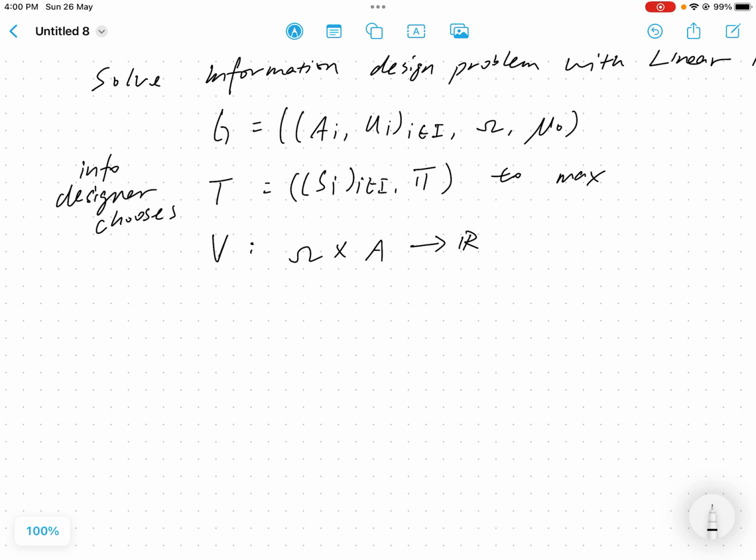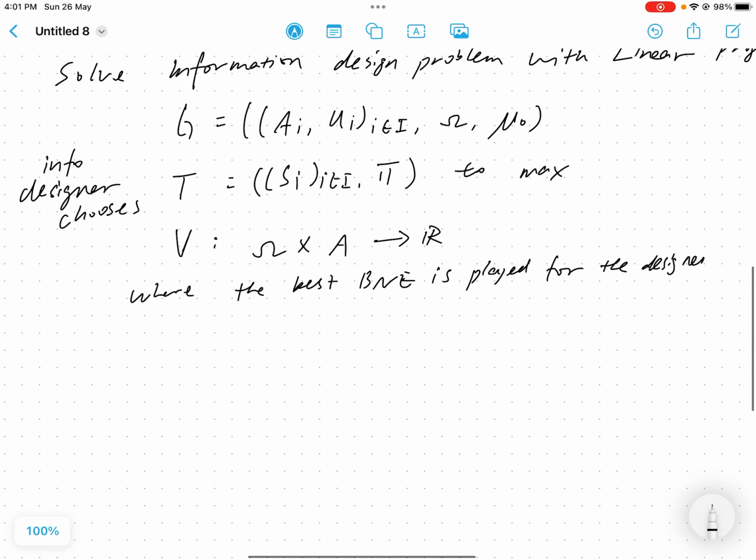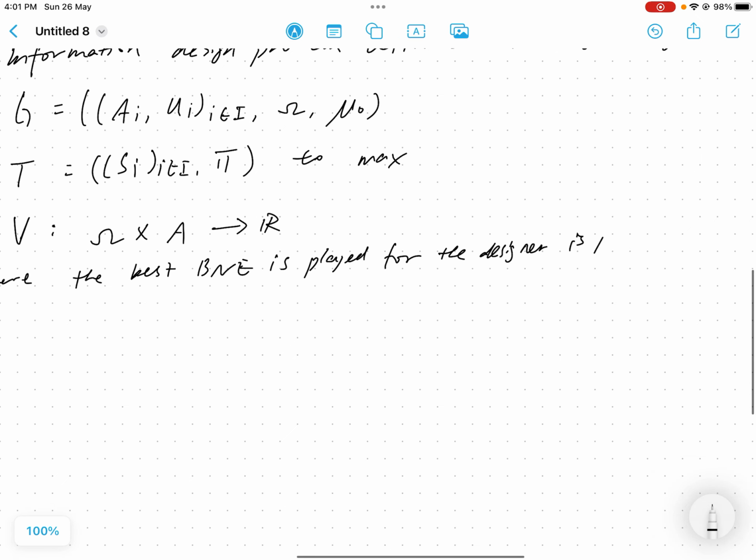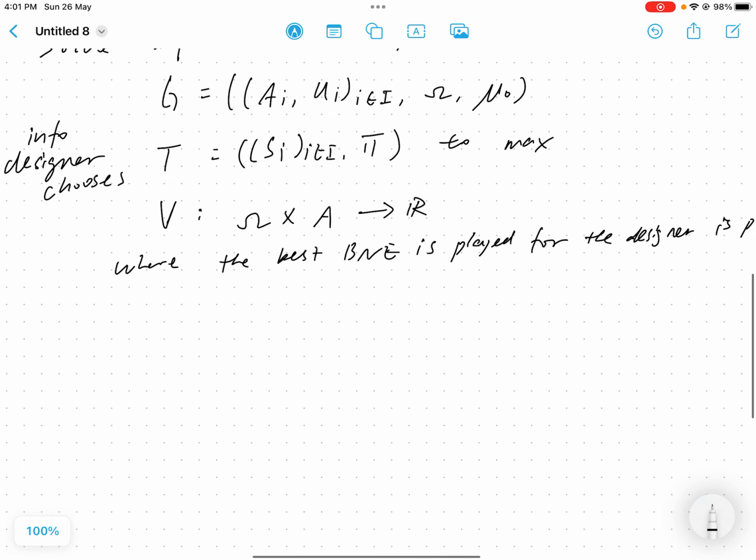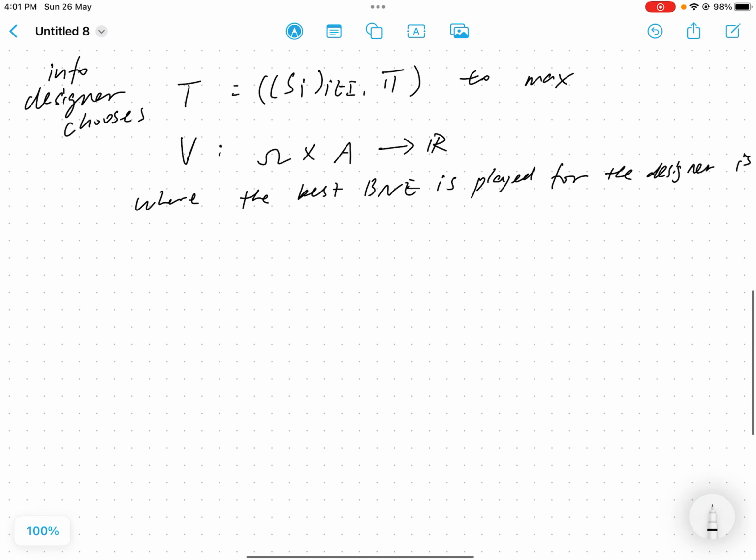And where they assume that the best BCE for the designer is played. So this becomes equivalent to the following problem.